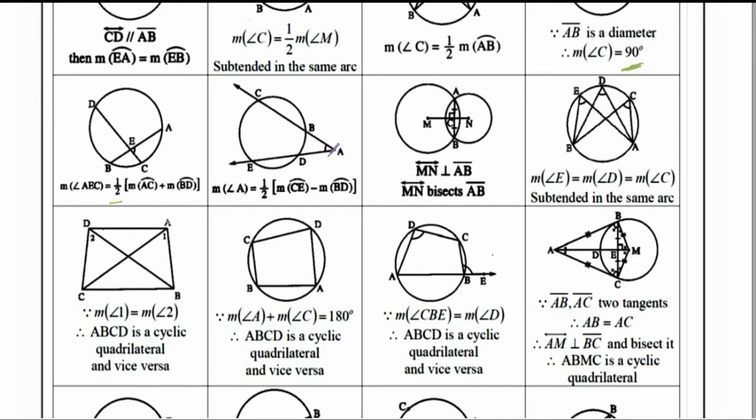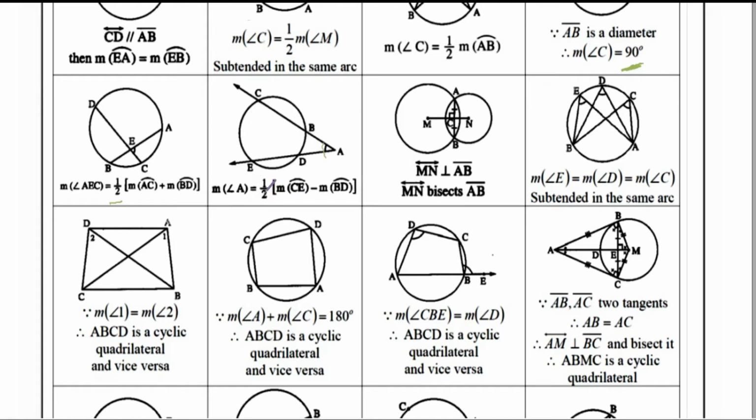The well-known problem 2: if you have two rays from a point outside the circle, the point outside the circle here is A, and the two rays AC and AE, the first intersects the circle at the 2 points B and C, and the second intersects the circle at the 2 points D and E. You can find here the measure of the angle A by what?